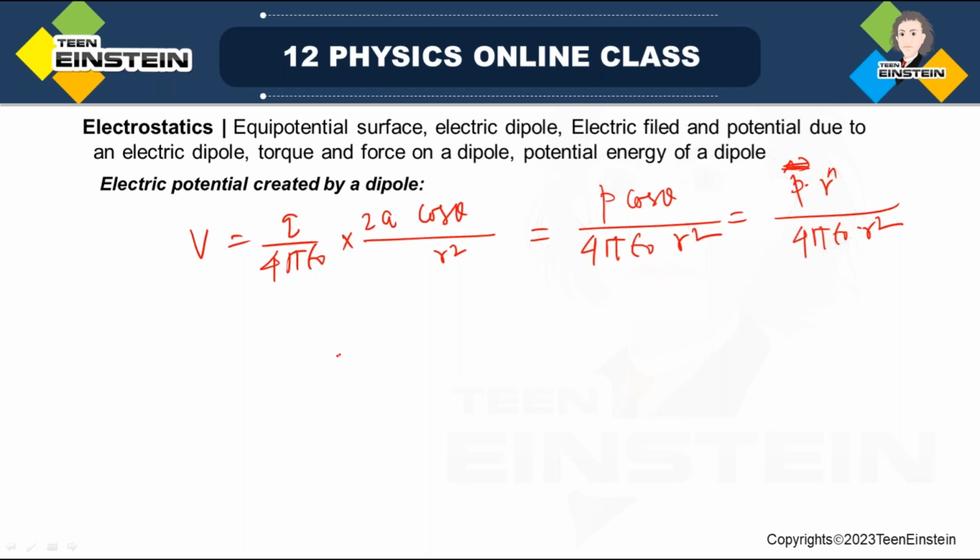Or in other words, p dot r by 4 pi epsilon naught r cube. This is the case when r is much greater than the dimension of the dipole itself.